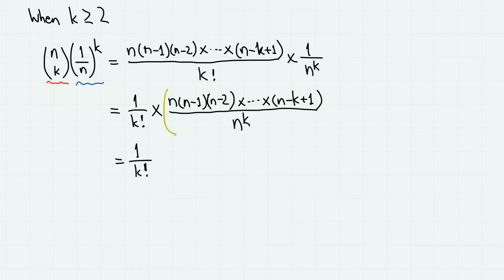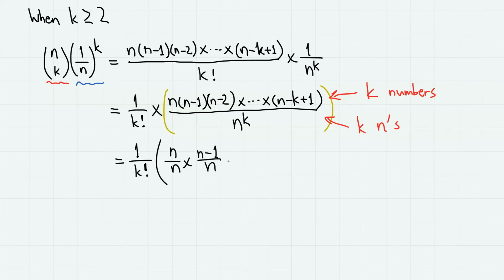Now if we take a look at this part, the numerator is a product of a total of k numbers, and in the denominator, the number of n's is also k. So we can write this part as n over n times n minus 1 over n times n minus 2 over n, up to n minus k plus 1 over n.